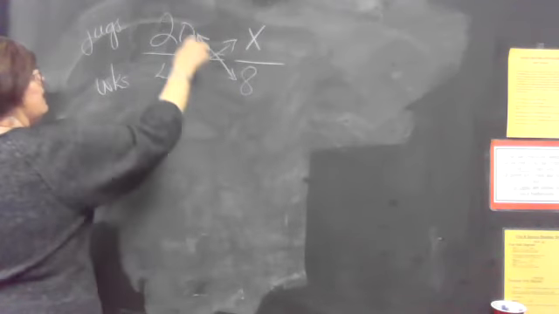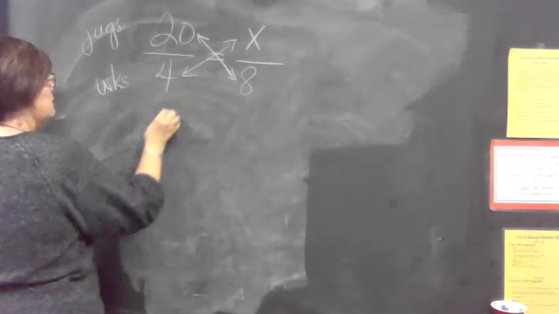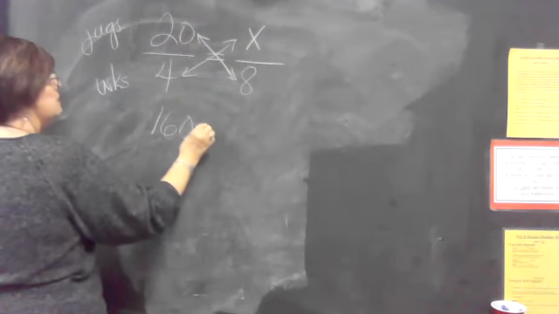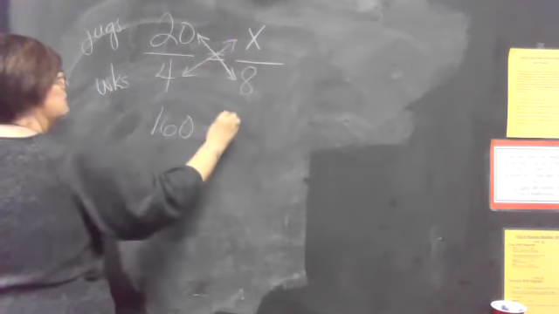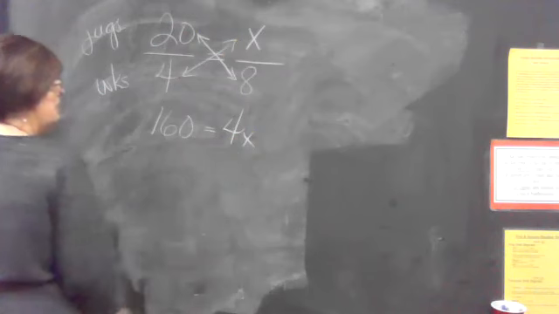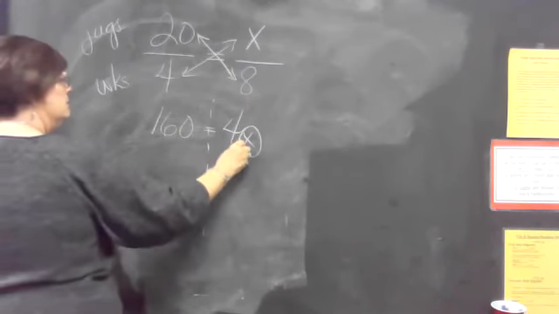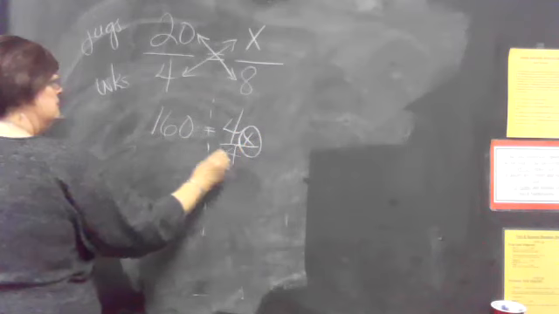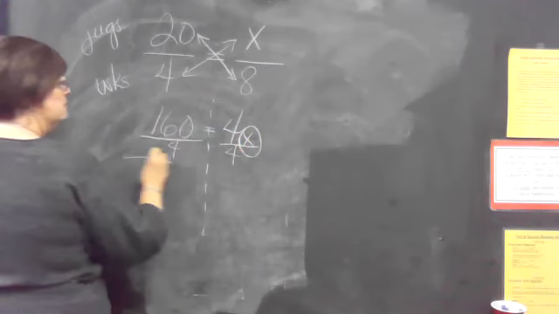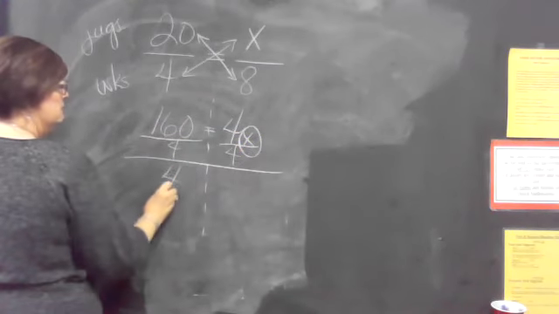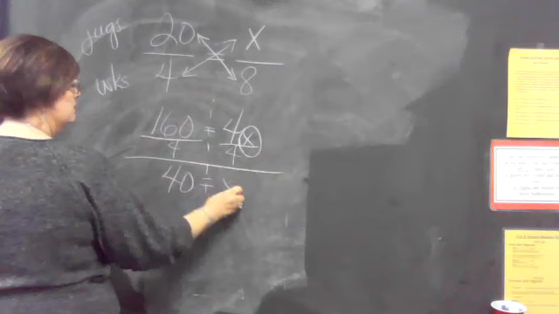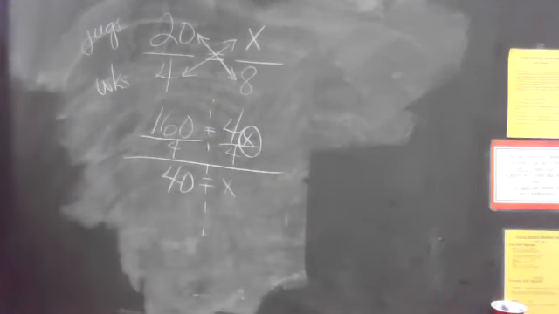Okay, so I have 8 times 20, 160 equals 4X. Again, 40 what?